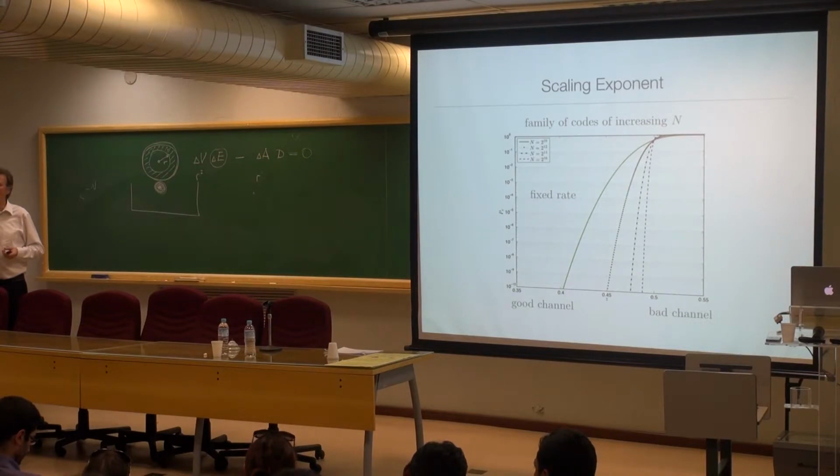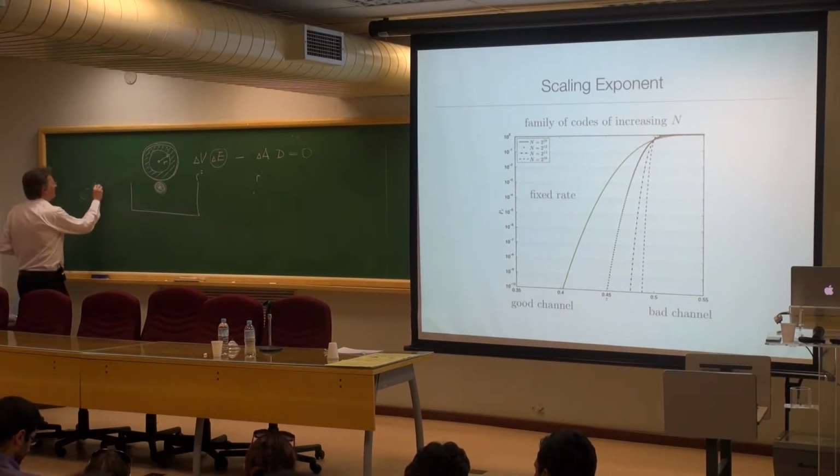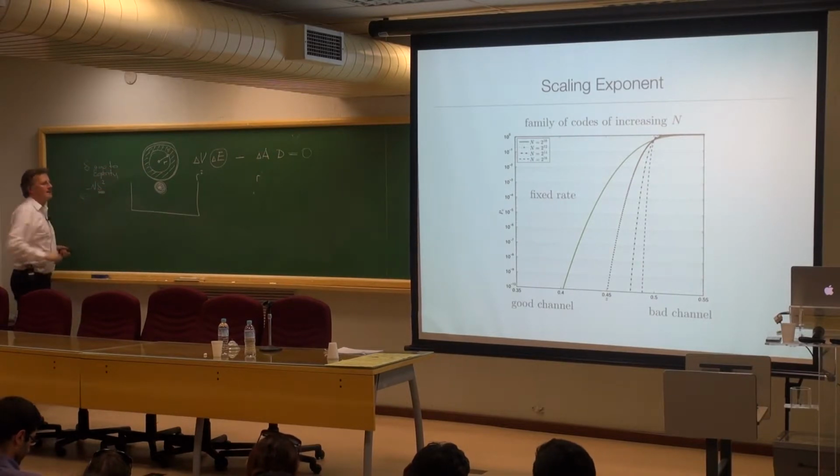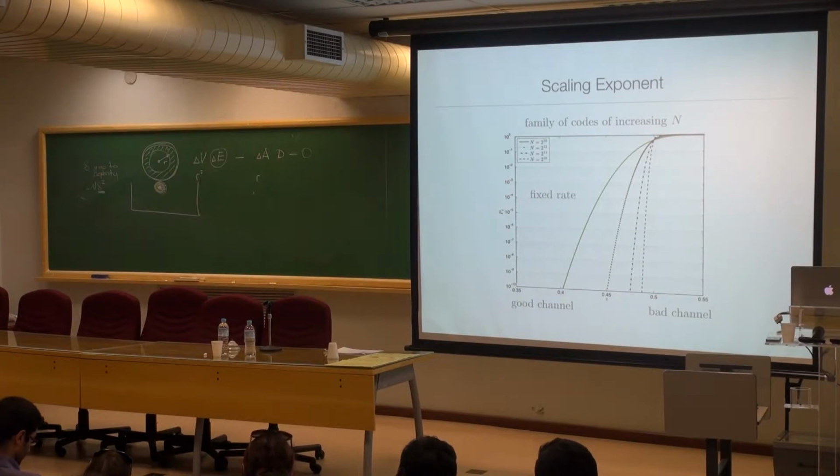Close to capacity, the behavior is something like delta squared, where delta is the gap to capacity. In general, whatever I have here is called the error exponent, and it's a function that's not known in the whole region. There are still some open questions, but in particular, close to the capacity, this function behaves like delta squared.